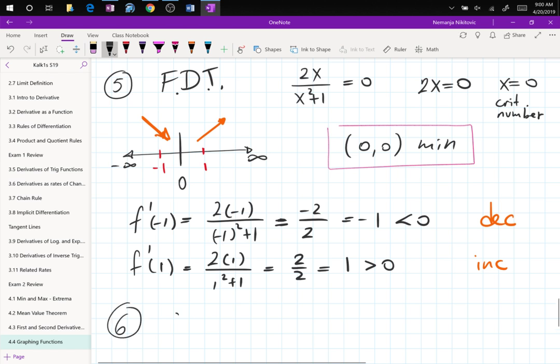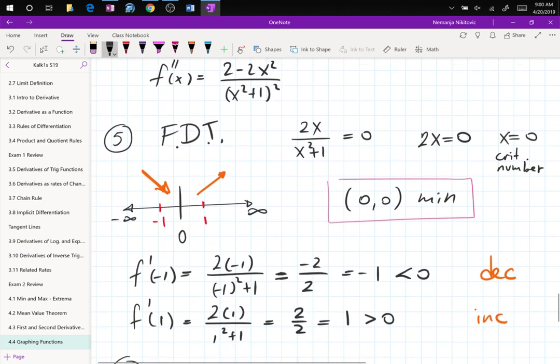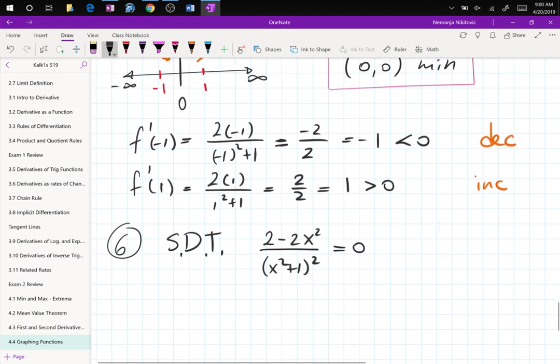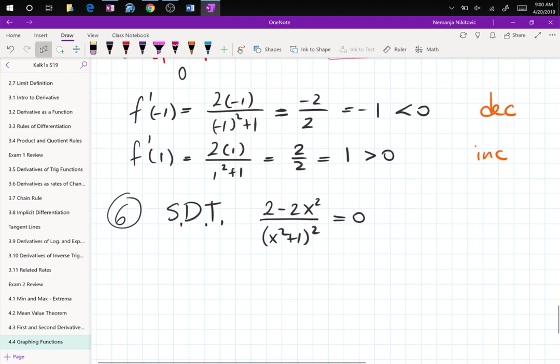Part 6 is the second derivative test, where we take the second derivative, 2 minus 2x squared over x squared plus 1 squared, and we set this equal to 0 to find what we called last time inflection points. Again, cross multiply, the denominator dies, we get 2 minus 2x squared equal to 0, negative 2x squared equals -2, x squared equals 1, x equals plus minus 1.